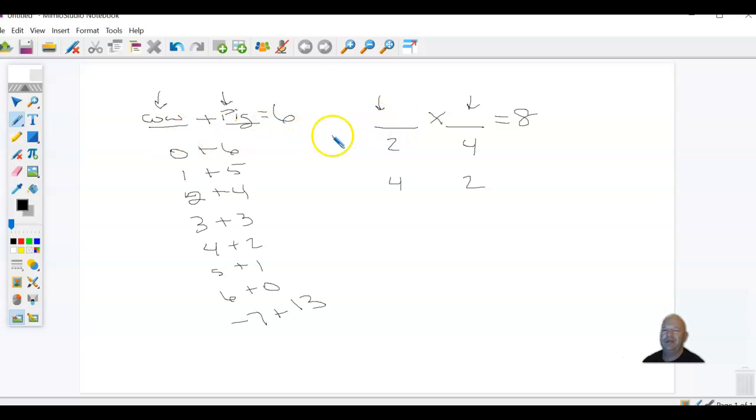Now, if we're going to use the same two variables over here, then we also have to have our cow and our pig over here. So whatever we use to represent a variable in one equation, if they're connected, we also have to use the same variable in the other one.